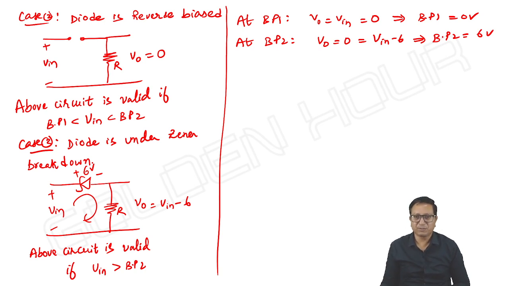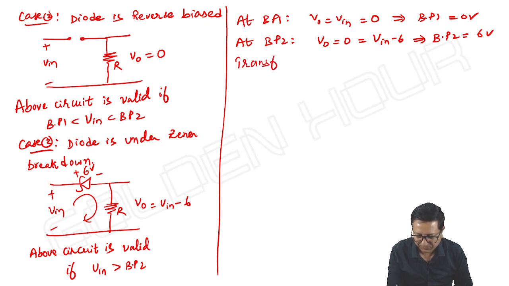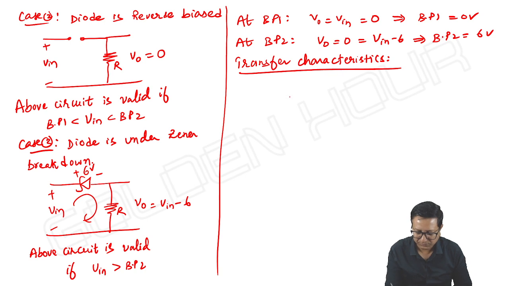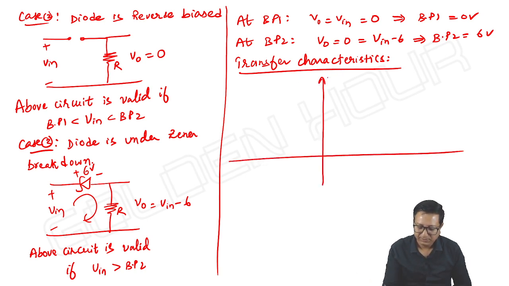Now if you observe the transfer characteristics, one graph is output equal to input.